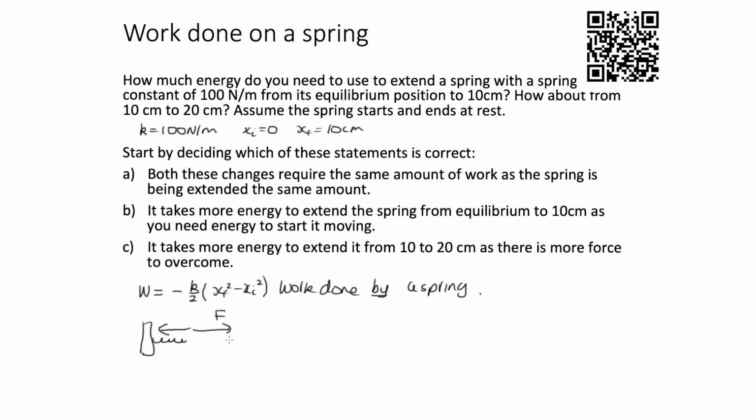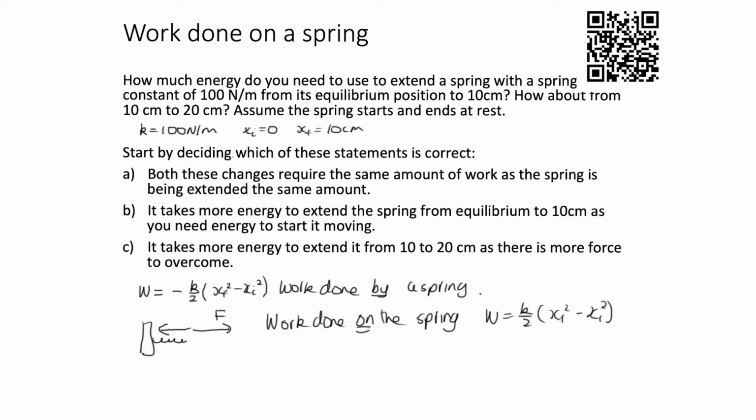So the force that we need to apply to extend it is equal and opposite to the force that the spring applies on the object. So the work is also opposite. So the work done on the spring is given by the equation: the work done is equal to k over 2 times (x final squared minus x initial squared). So that's how much energy we actually have to put in to extend it.